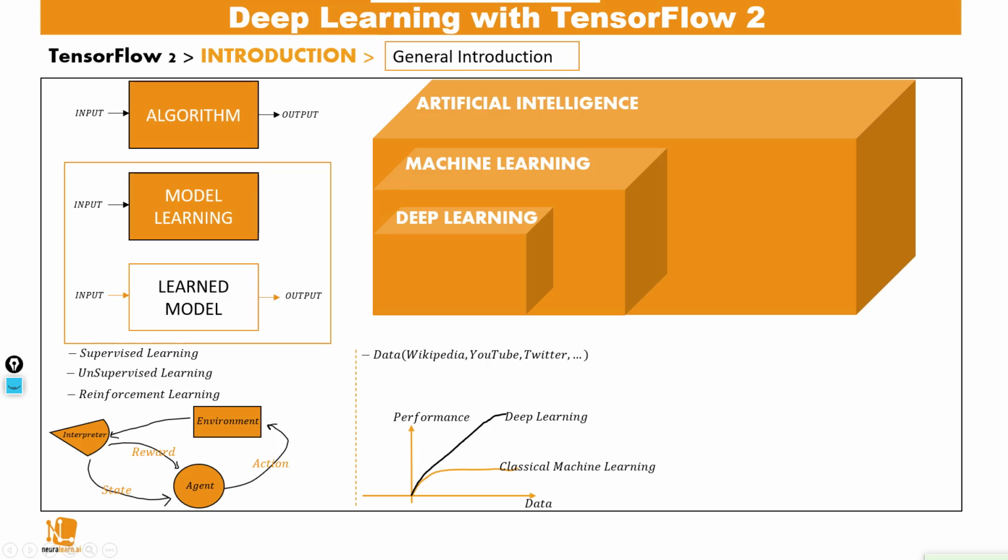And it also turns out that as we increase the training data, that is the data we use in helping our models better understand the environment, there is an increase in performance when it comes to deep learning algorithms. So where the classical machine learning algorithms start plateauing, the deep learning algorithms keep performing even better.